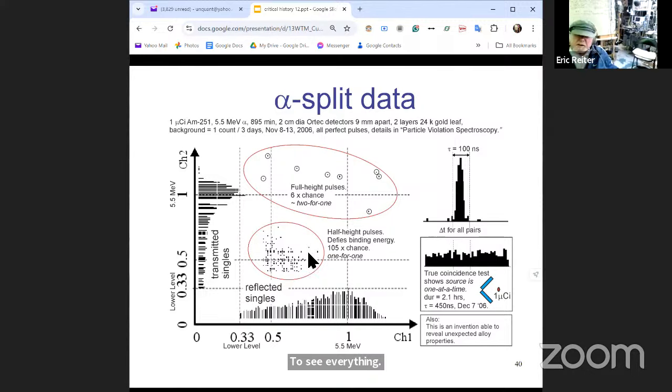So most of the coincidences are half height. And when you calculate it out, it was 100-something times accidental chance, defying the binding energy understanding of what an atom is, which is pretty important in itself.